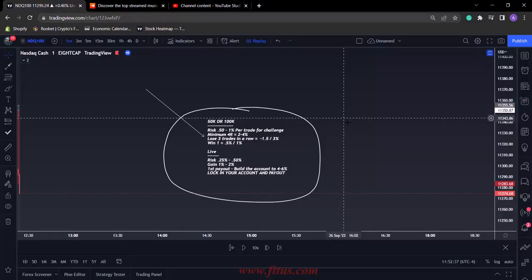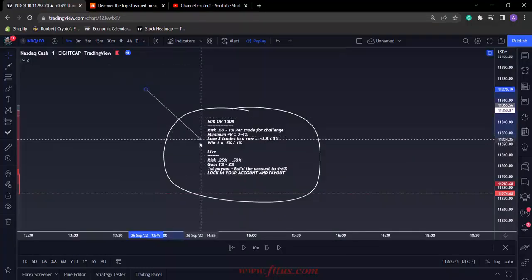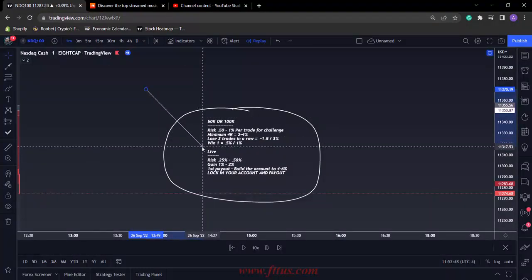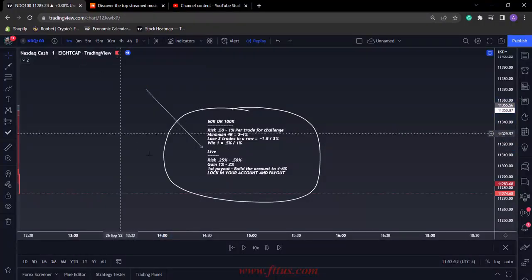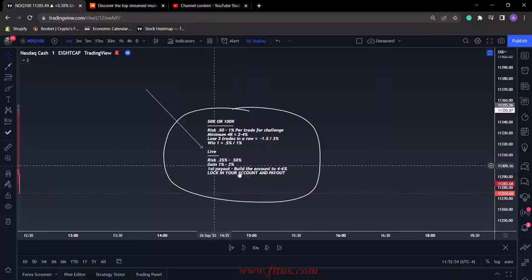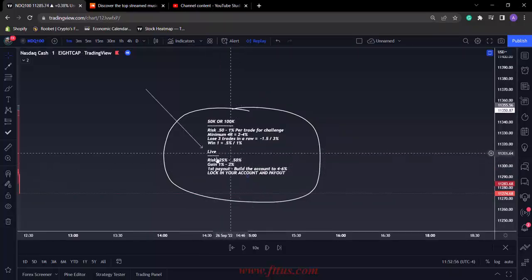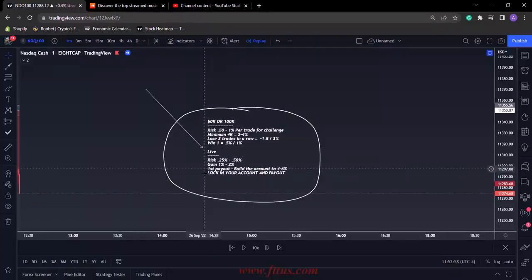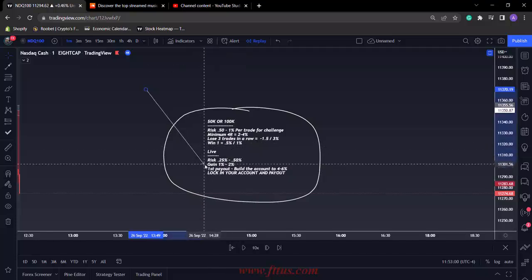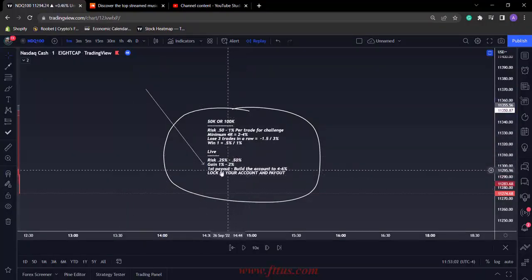With that one win, you will be up minimum 0.5% to 1%. So it all comes down to risk management. Now for the live account, risk 1/4% to 0.5% per trade. At minimum, you're gaining 1 to 2% depending on your risk.